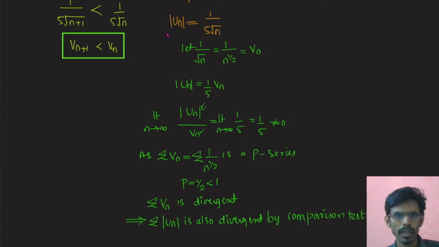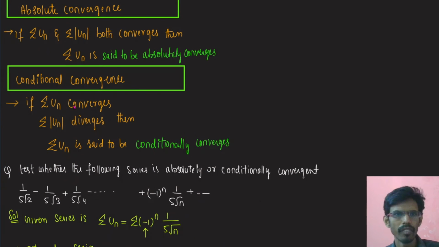Right. Now see here, if sigma un converges and sigma mod un diverges, we say that it is conditional convergence.